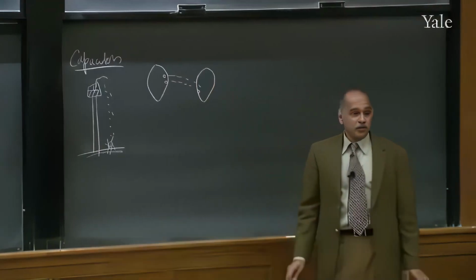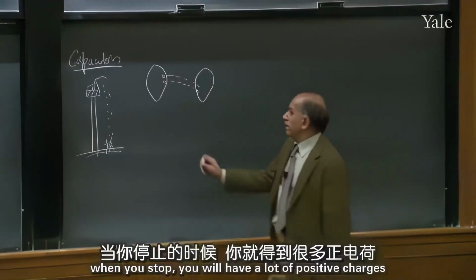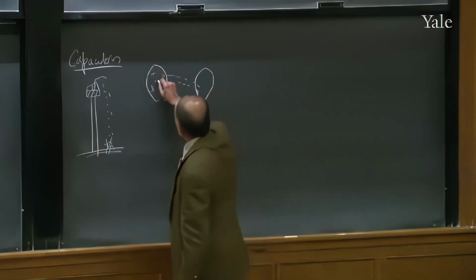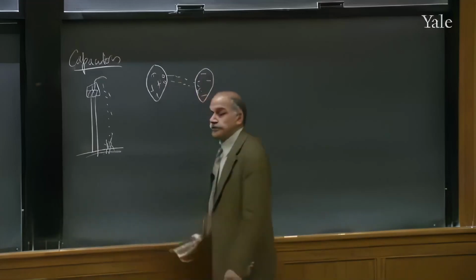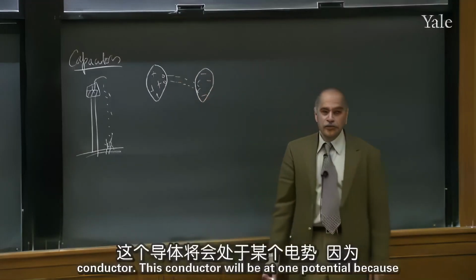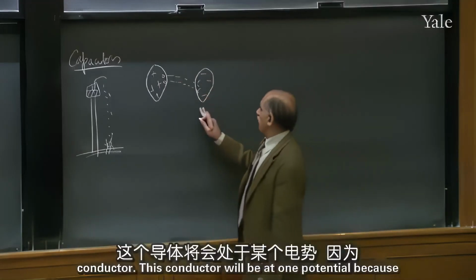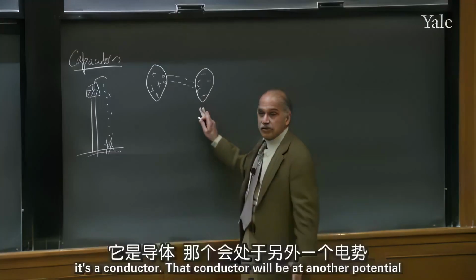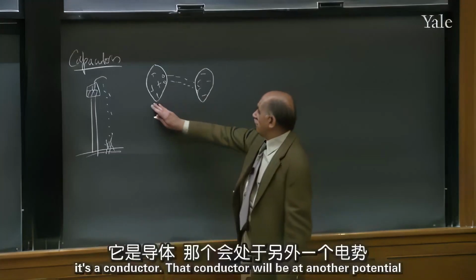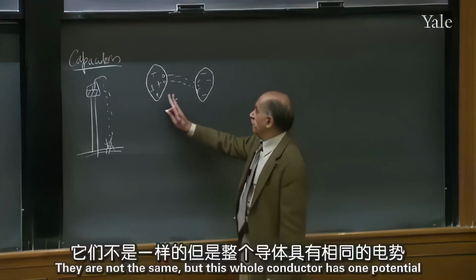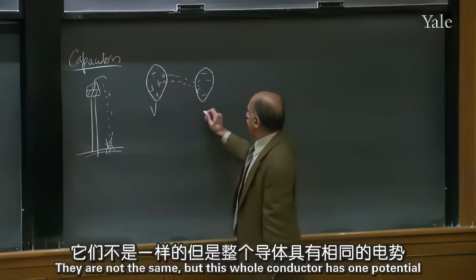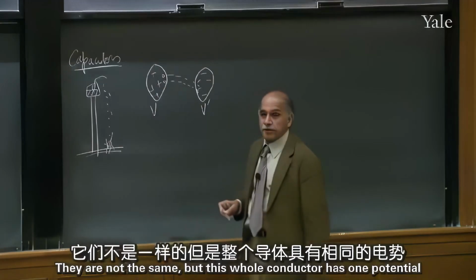At any stage, when you stop, you will have a lot of positive charges on this conductor and a lot of negative charges on this conductor. This conductor will be at one potential because it's a conductor. That conductor will be at another potential because it's a conductor. But both have unique potentials. They're not the same, but this whole conductor has one potential. This has another potential, V prime.